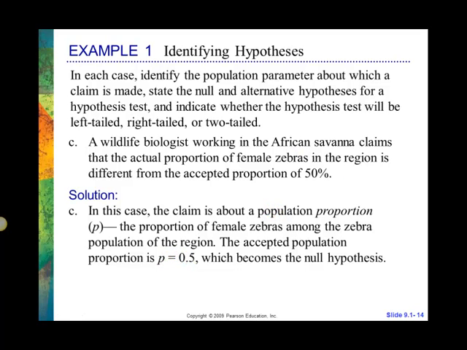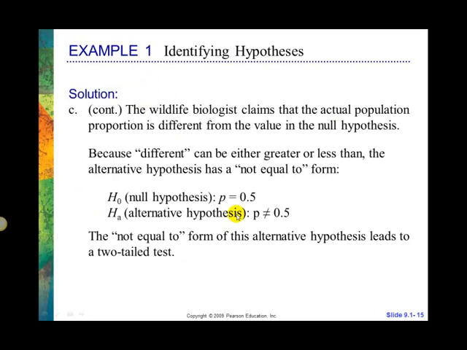So our null hypothesis is that p is equal to 0.5. Now, because they said different, they don't care if it's greater than or less than, it's just not 50%. So different is going to give us not equal to. So the alternative is that p is not equal to 0.5. And because we have not equal to, we have a two-tailed test.